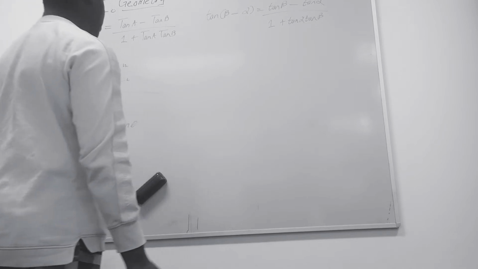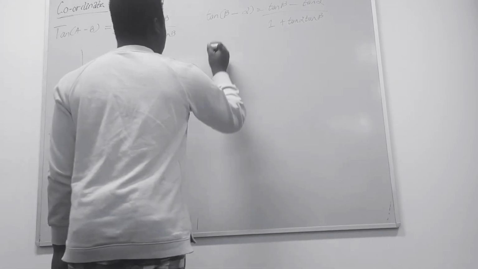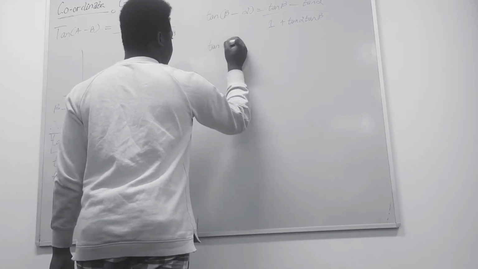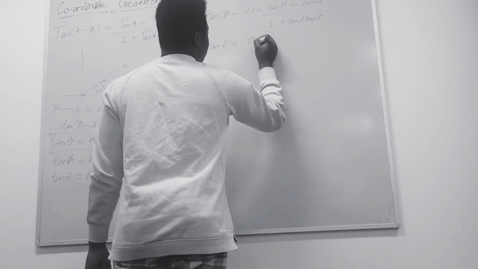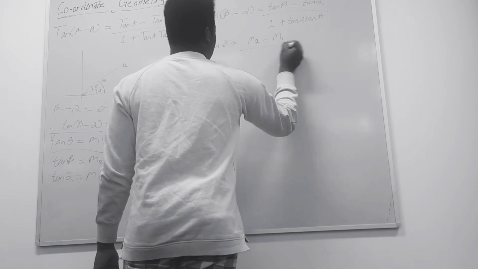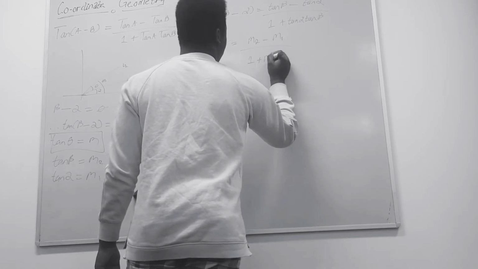We've already defined what tan alpha and tan beta are, so tan of phi is equal to m2 minus m1 divided by 1 plus m1 m2.